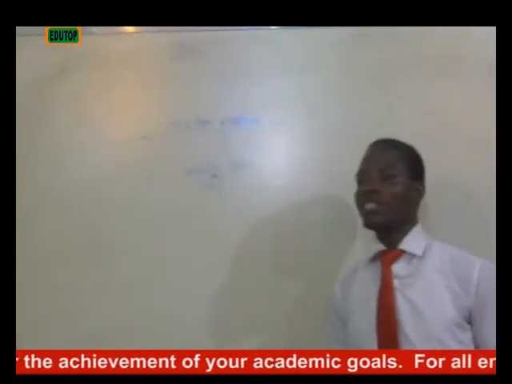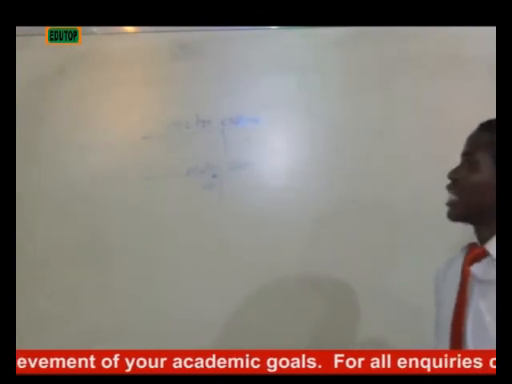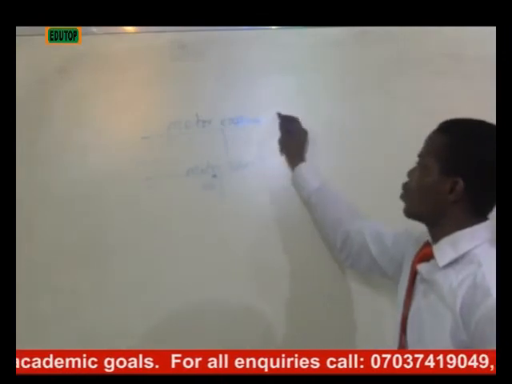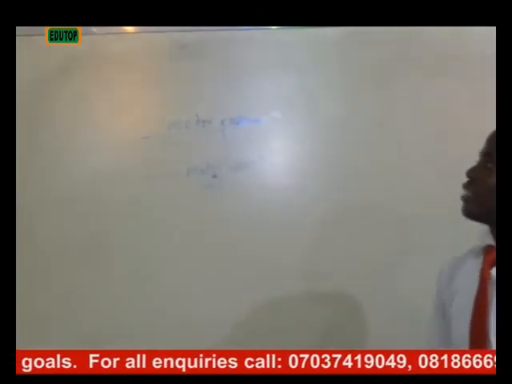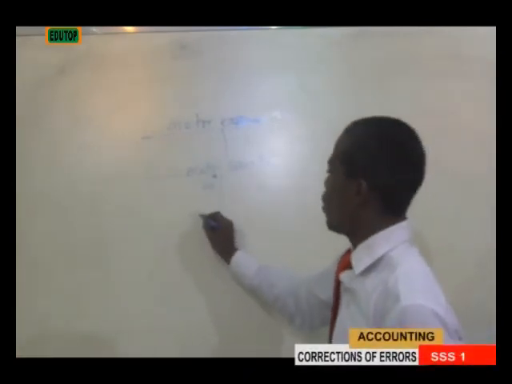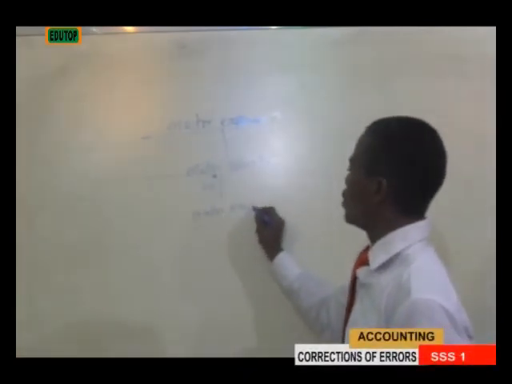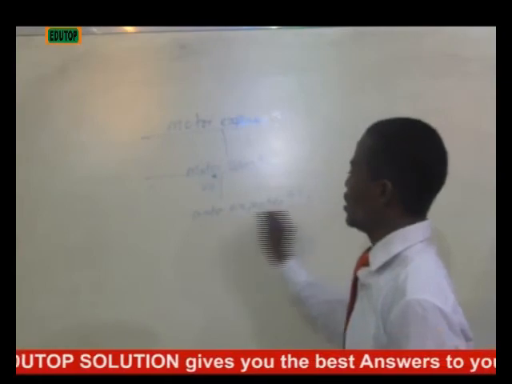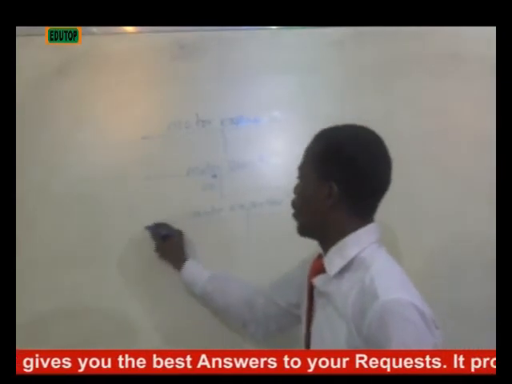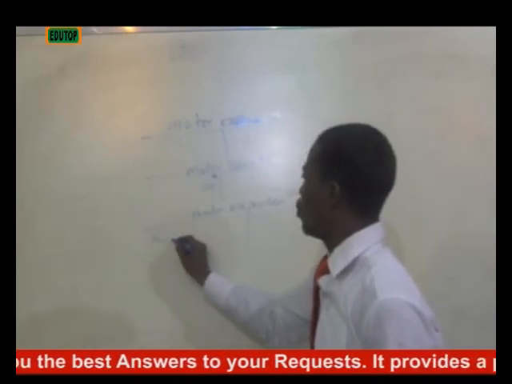So what we now do is that motor van is an asset, and this one is an expense. You prepare your motor expenses account, then you correct the error.